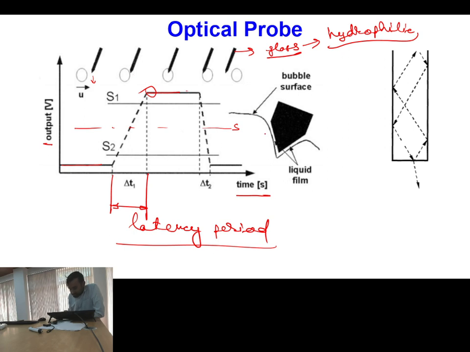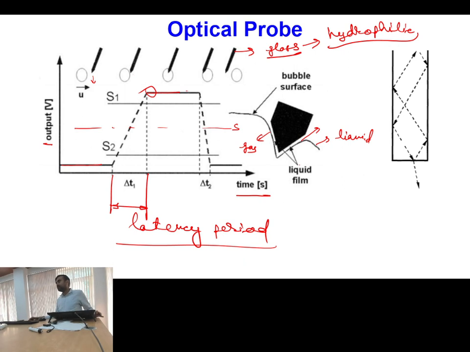Below this interface you have gas and above this interface you have liquid. So because of this hydrophilic nature, you will find that at the interface there will be a thin liquid film. And this thin liquid film is majorly responsible for the latency period in this particular system.